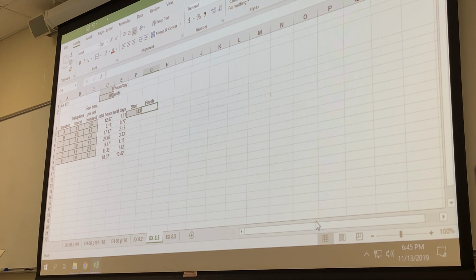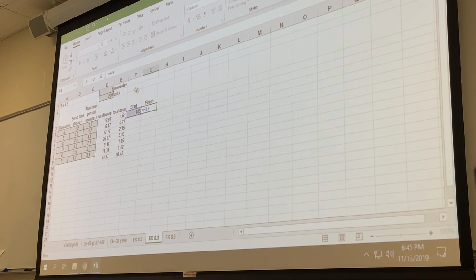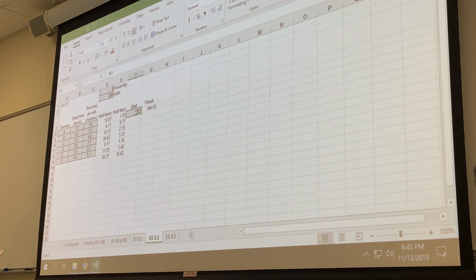And then I'm gonna finish in whatever is to the left of me, plus how long the project took. And I'll make them all at least 1 decimal. Yeah, I think 1 decimal is gonna be right for days. So this is the start day, was start dates, and this is the finish day.